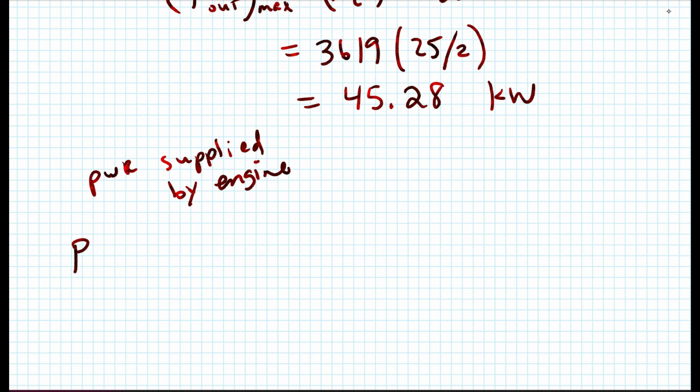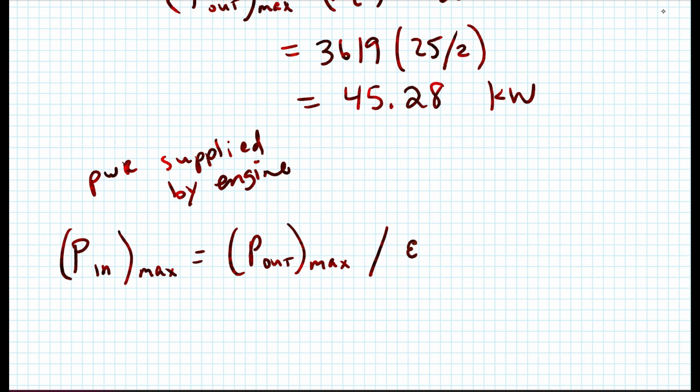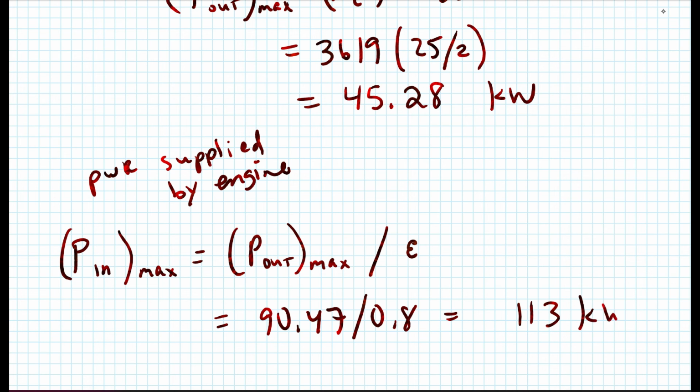So we have P in max equals P out max divided by the engine efficiency. So we get 90.47 divided by 0.8, and then it's 113 kilowatts.